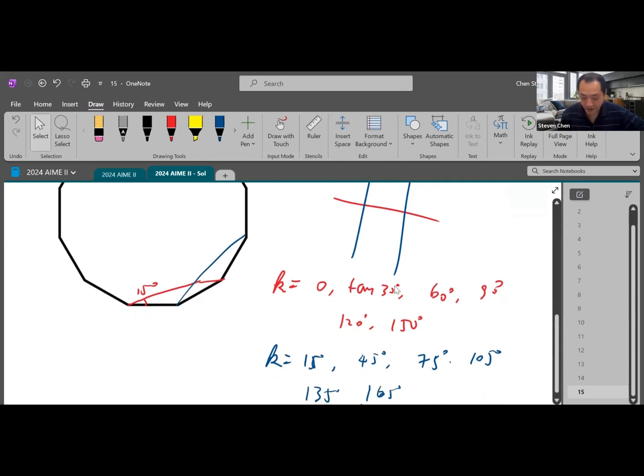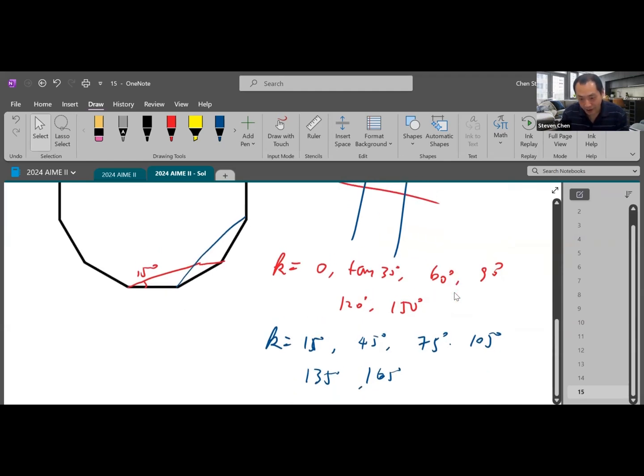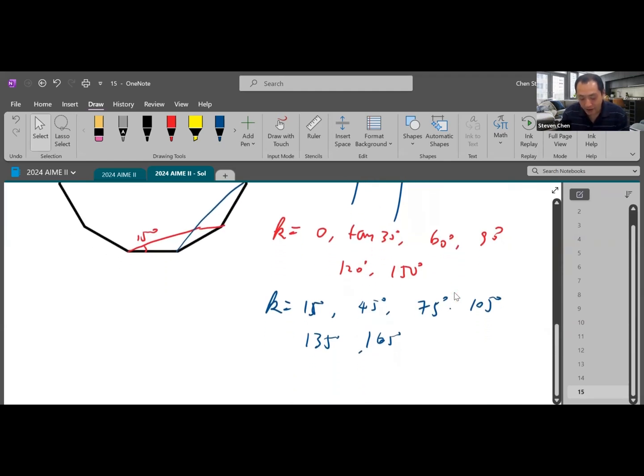So we can easily see that when we choose these 2 pairs of lines, they must be either both from the red class or both from the blue class. We can't have a pair of parallel lines from the red class and a pair of lines from the blue class. Otherwise, there's no way for them to have an intersecting angle of 90.